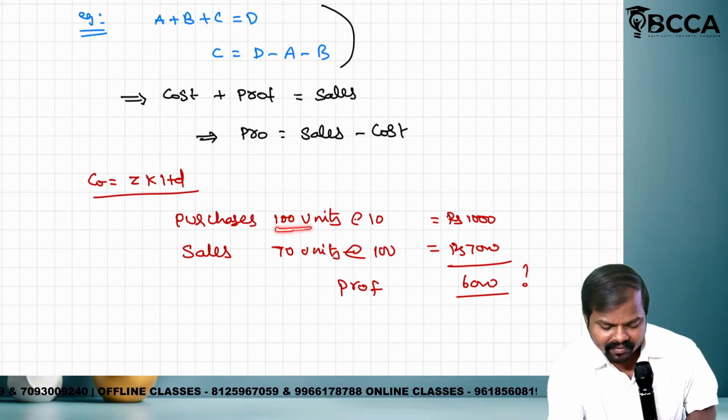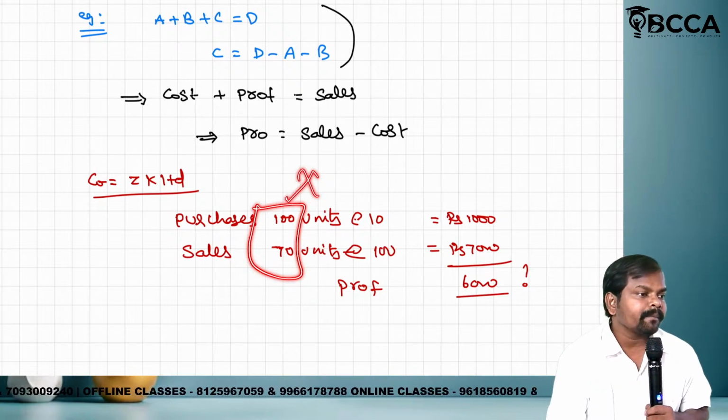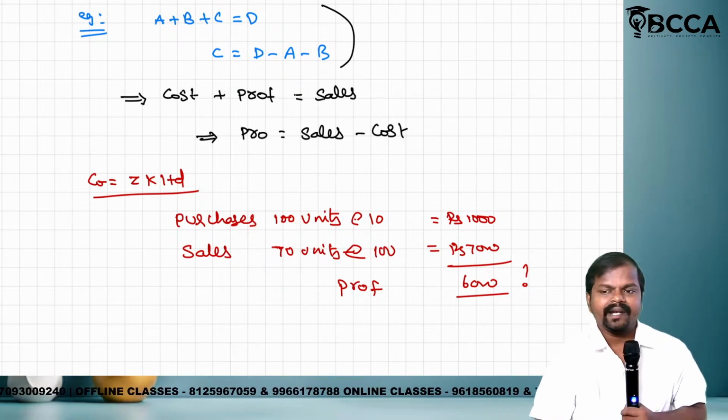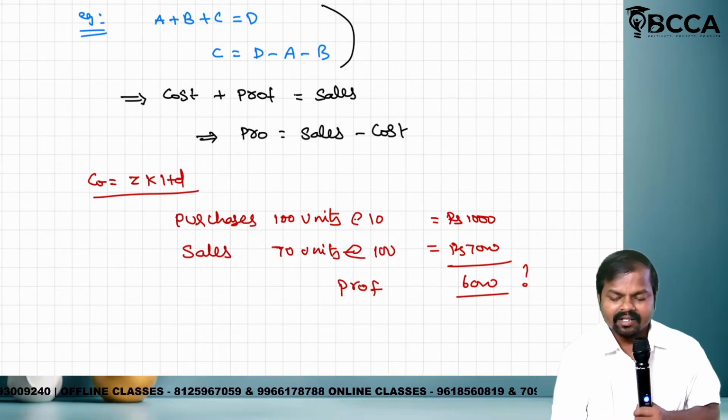Why are you showing it for 100 units? Here the matching concept is violated. Then what is the correct profit?